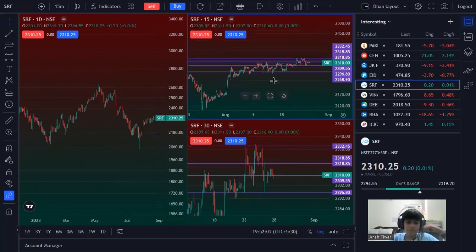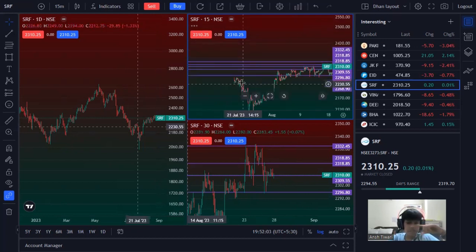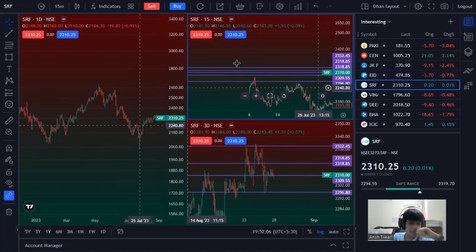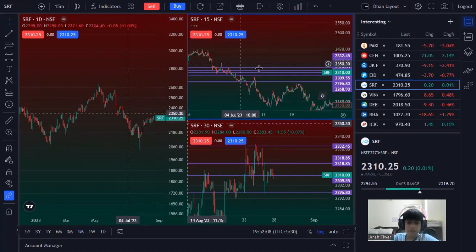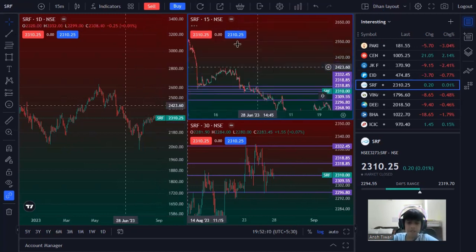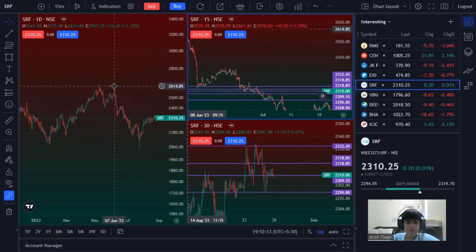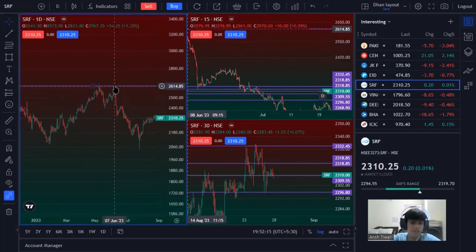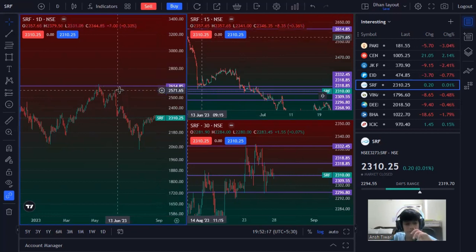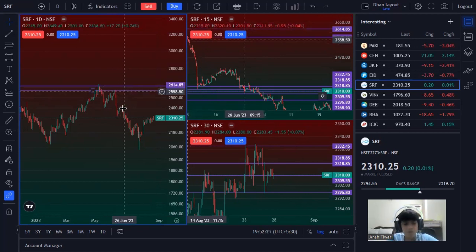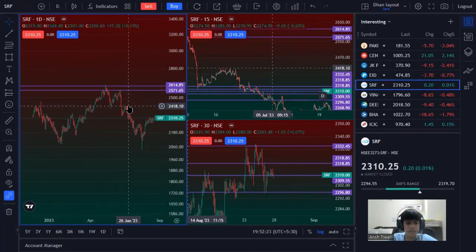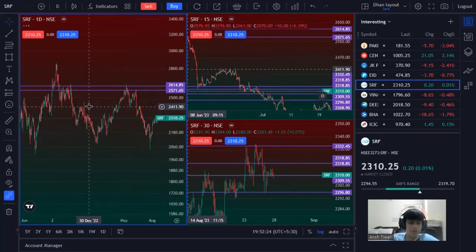Let me check if the market has reached that one. All right, now here we can mark bigger resistances, which can be used for a little longer term than what we are creating now.